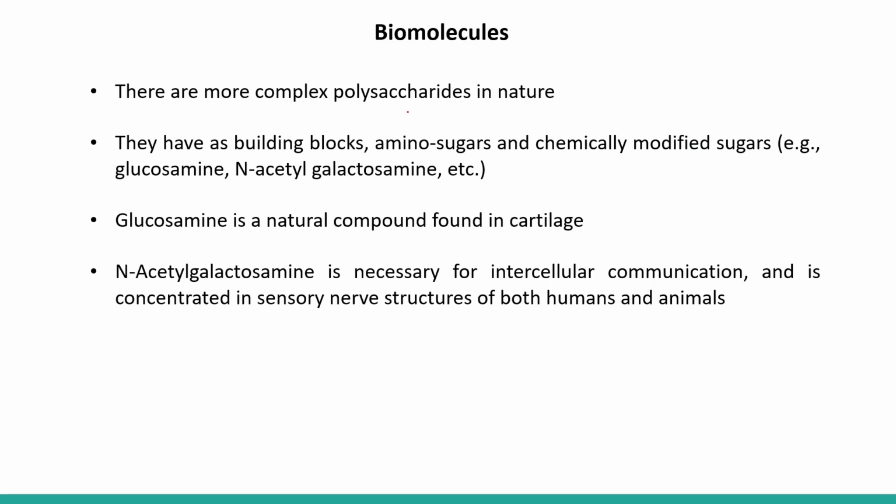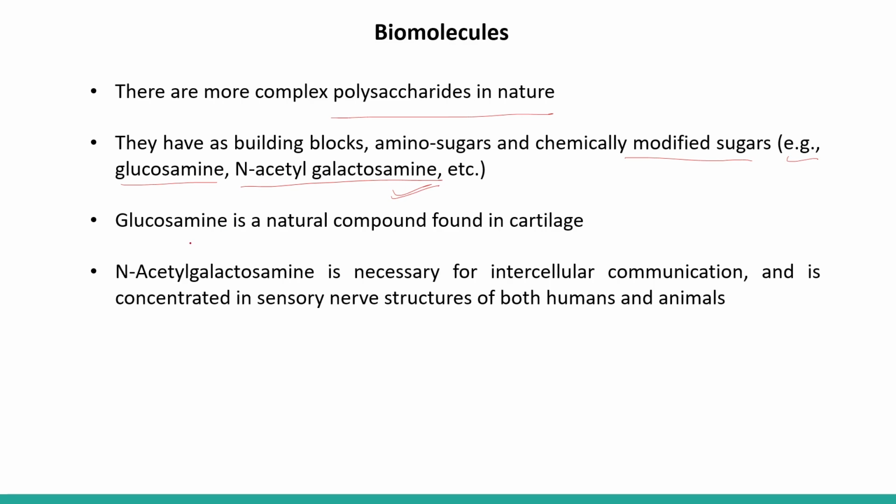There are more complex polysaccharides in nature. They have building blocks of amino sugars and chemically modified sugars. Examples of such polysaccharides are glucosamine and N-acetylglucosamine.